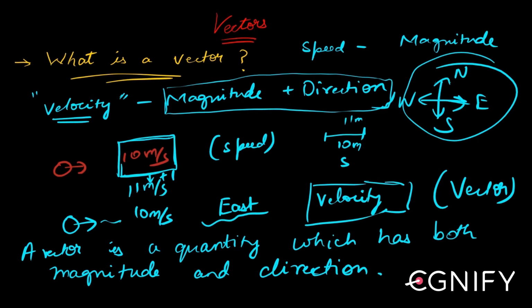What does magnitude tell you? What does this part of the definition tell you? It tells you about the quantity of the vector, like how much does the vector weigh, right? How fast is the ball moving? How heavy is an object? And everything around those lines.